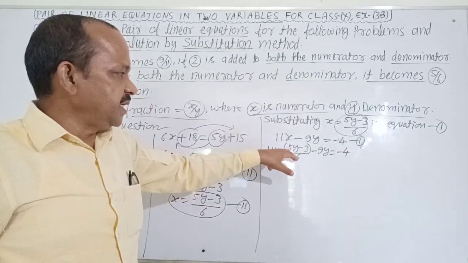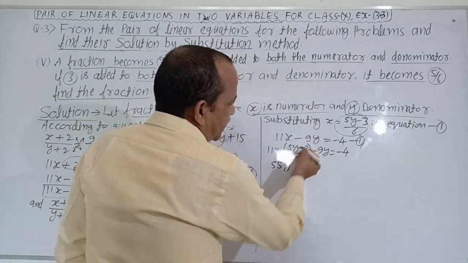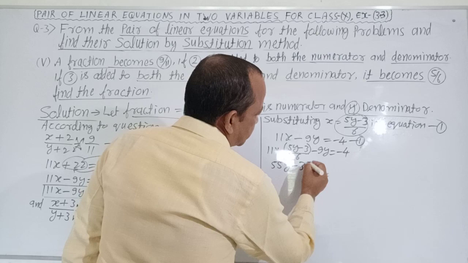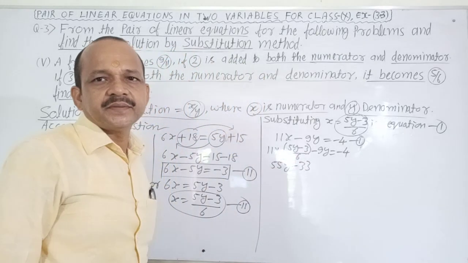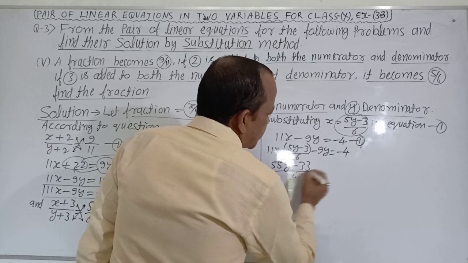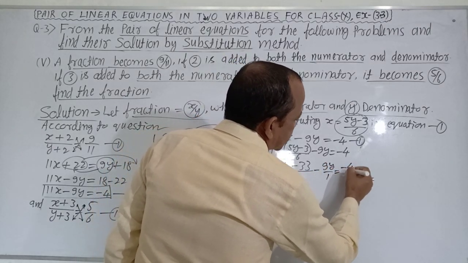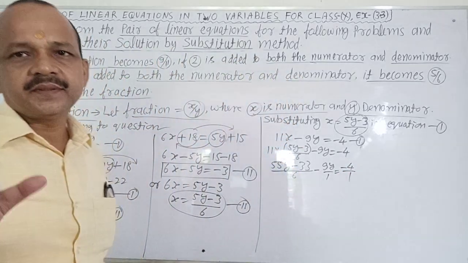Clear? 11 multiply 5, it becomes 55y. 11 multiply 3, it becomes 33. Clear? By 6 minus 9y by 1 equal to minus 4 by 1. Clear?